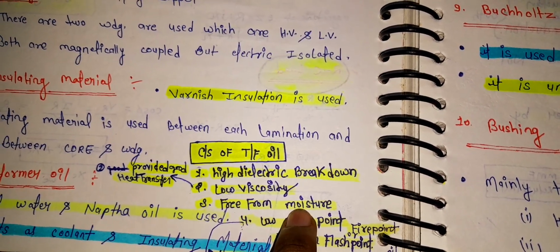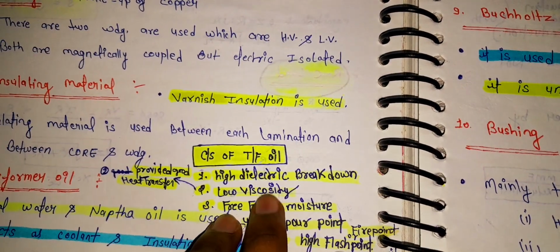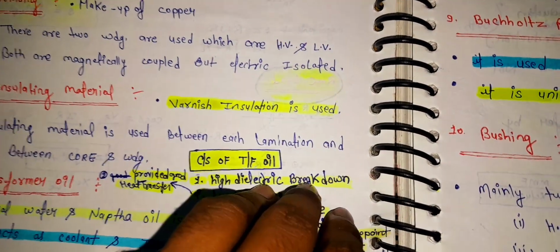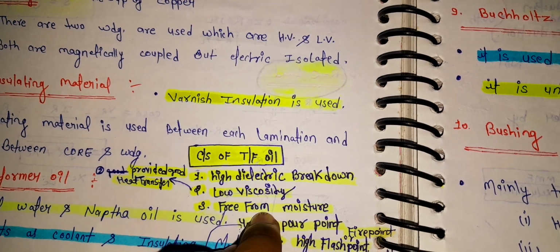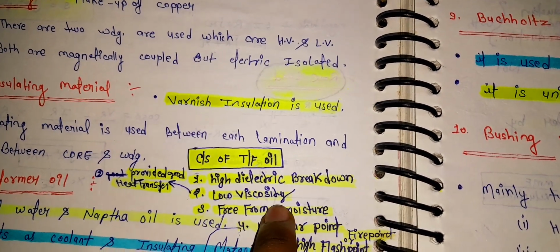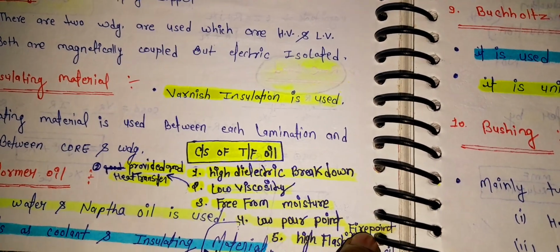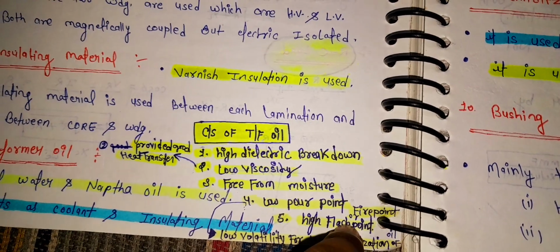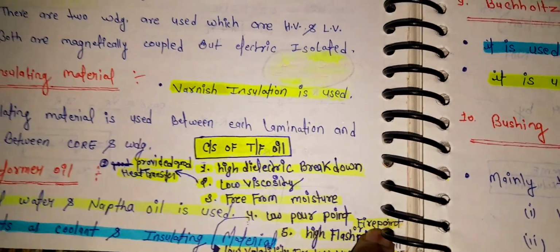If the transformer oil has any moisture, it cannot work in a transformer, so we use moisture-free oil. It also has a low pour point and a high flash point, also called the fire point.